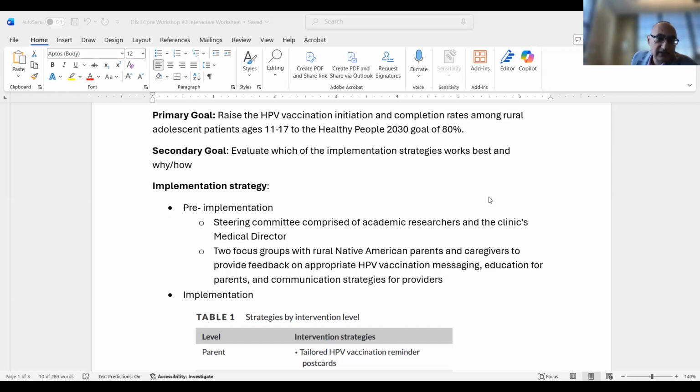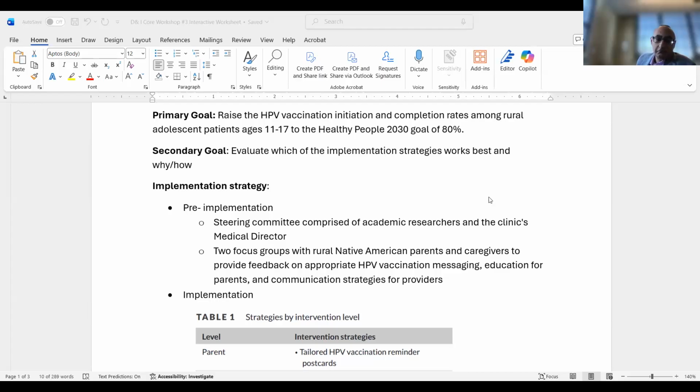But here we had this secondary goal, which is to evaluate which one works best and why or how. How are we going to figure that out if we're doing everything? But I think we suggested one option for that already, which is, what was it? The smart design. There you go. I should have remembered that. So the smart design might be one way to tease that apart.